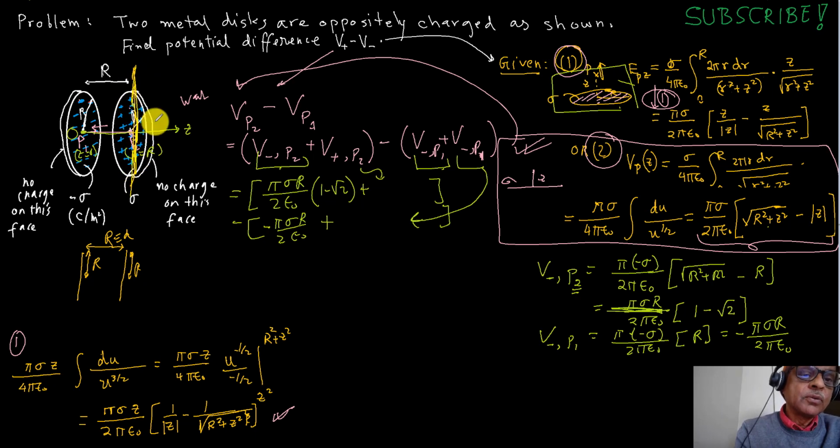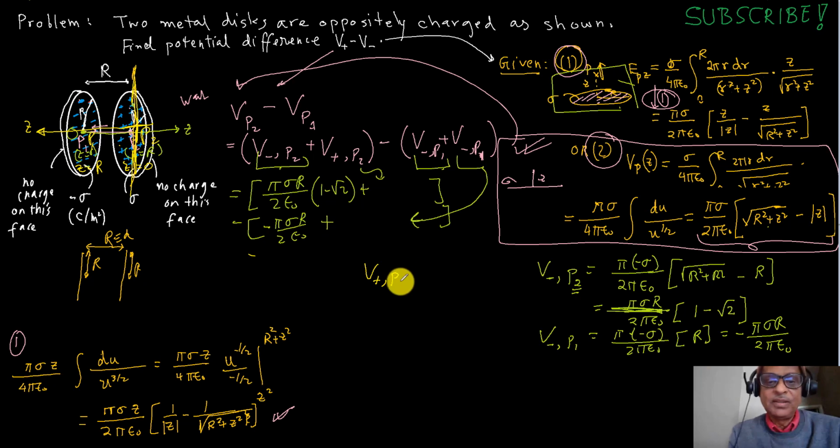From this I'm going to have the z-axis pointed this way. So for this, z equals r, and for the other, z equals 0. So we get V at plus P1, and this is P2.